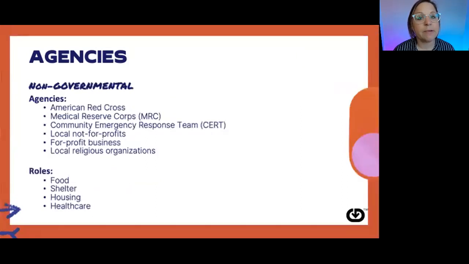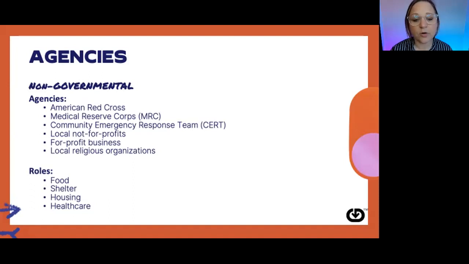And then there'll be many non-governmental agencies involved, like the American Red Cross, the Medical Reserve Corps, or MRC, and the Community Emergency Response Team, or CERTs. Those are both volunteer organizations for medical personnel to volunteer to respond to emergencies and disasters.